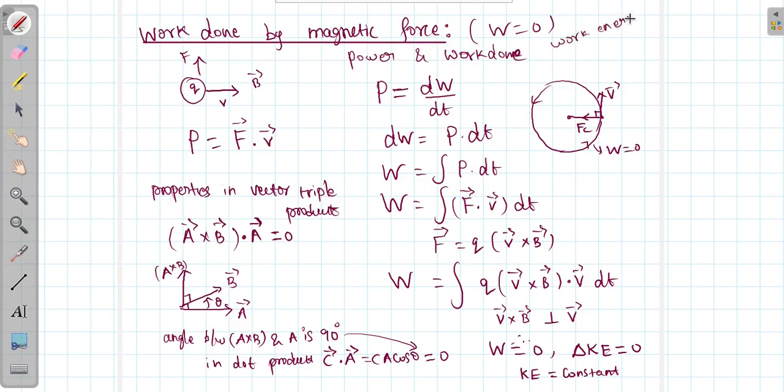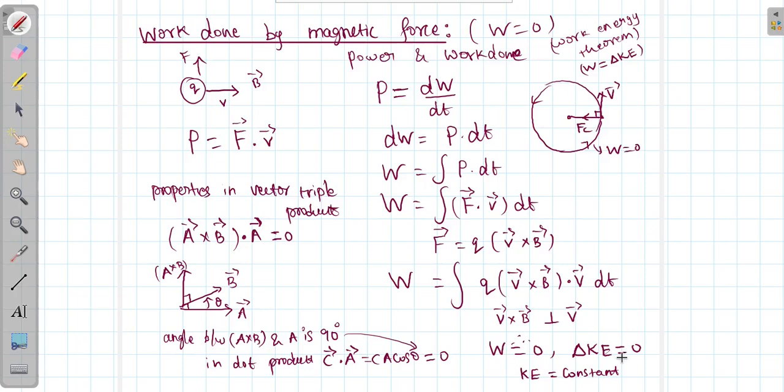We know the work energy theorem. Do you remember the work energy theorem? Work done on the system produces a change in kinetic energy. W equals 0 means the change in kinetic energy is also 0.